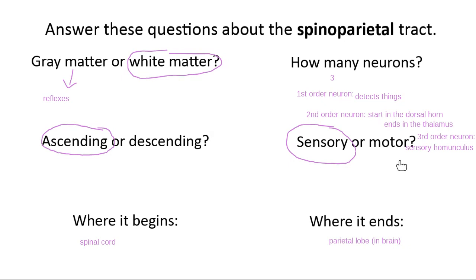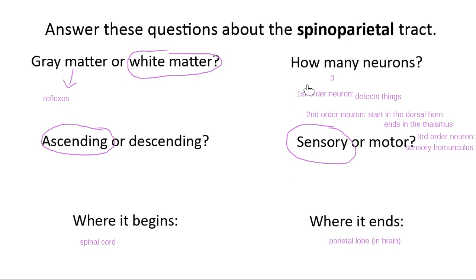Wink, wink, nudge, nudge. Reminder. Ascending tracts are the only kind of tracts that have 3 neurons. Motor tracts, descending tracts, they only have 2 neurons. So I think maybe we did this before. I can't remember if we did or not. If we didn't make a table where we put sensory tracts and motor tracts next door to each other, you should do that for yourself.